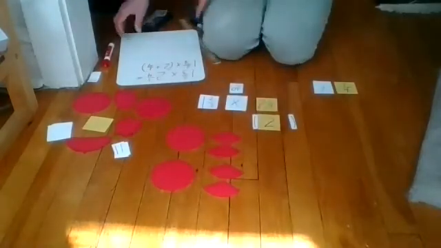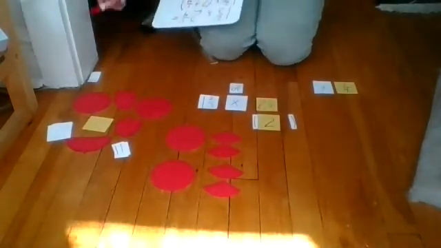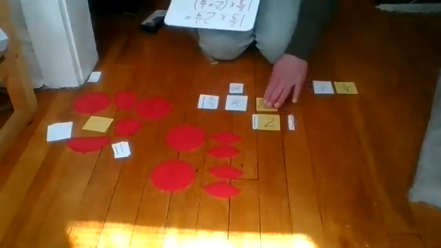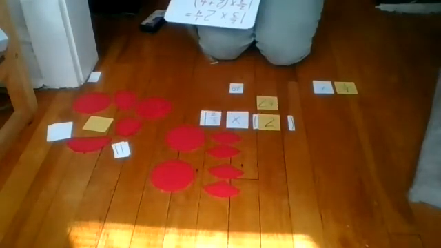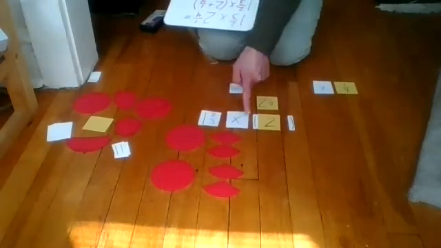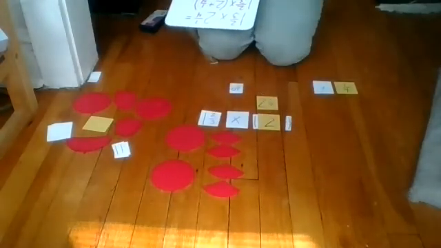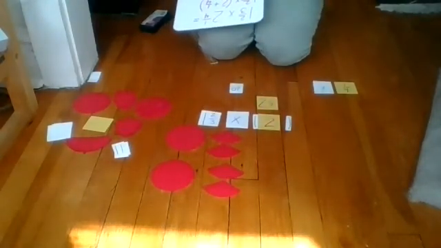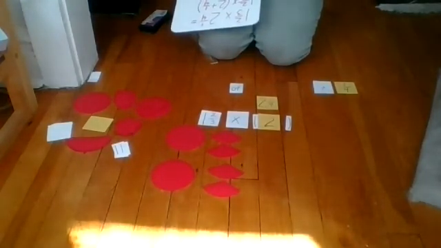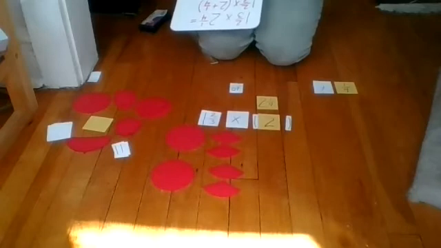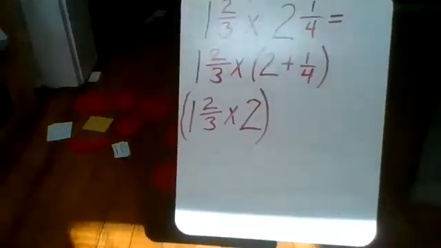Okay, so what I just did was the first part of my distributive property. I took 1 2/3 times 2 wholes. So 1 2/3 times 2. There you go.